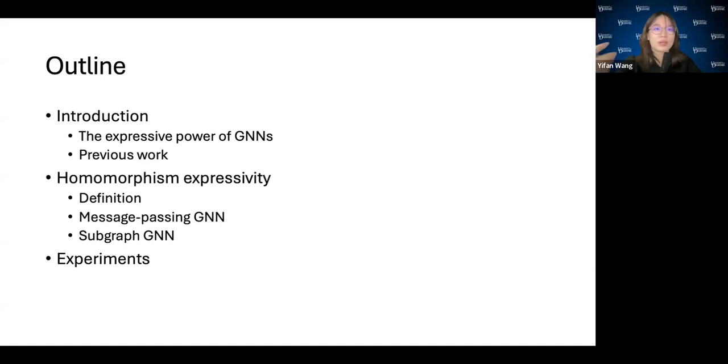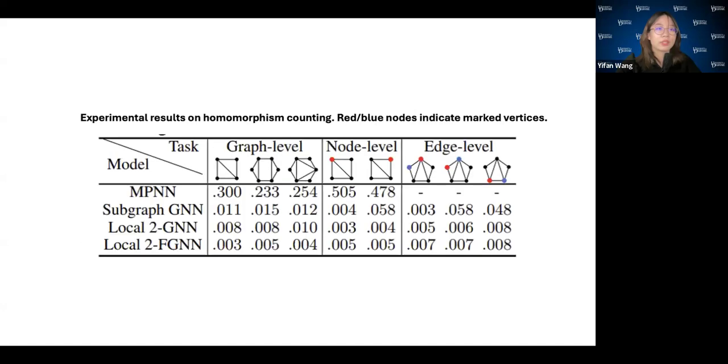Okay, so now let's look at the experimental results. To test their theory, the authors conducted several experiments on synthetic tasks, including cycle counting and homomorphism counting. The results show that models with higher homomorphism expressivity, like local 2-GNN and FWL GNN, perform better at counting these substructures, which are listed in the table.